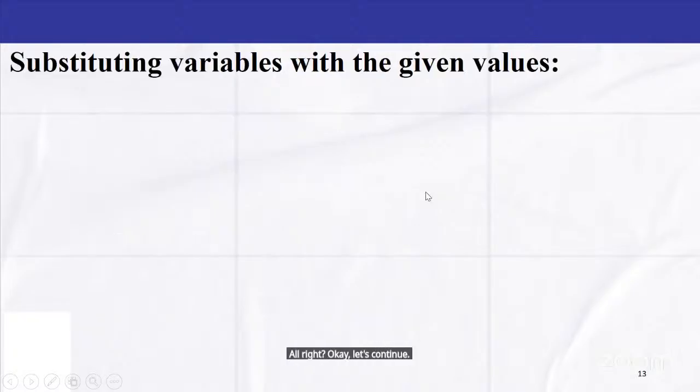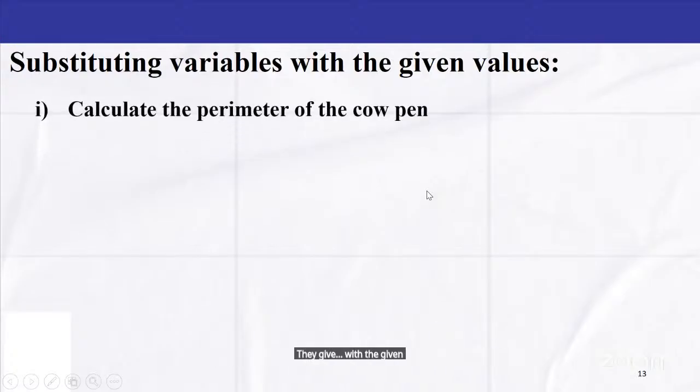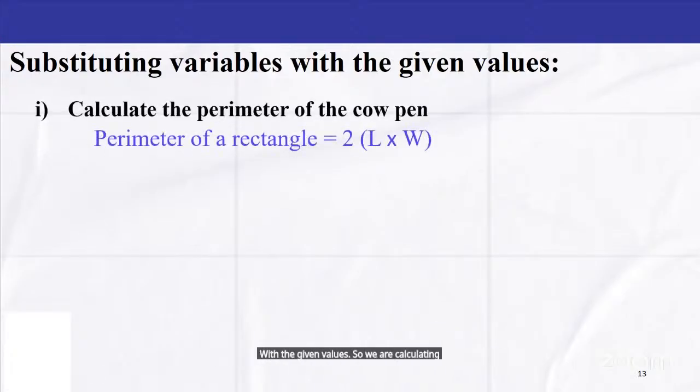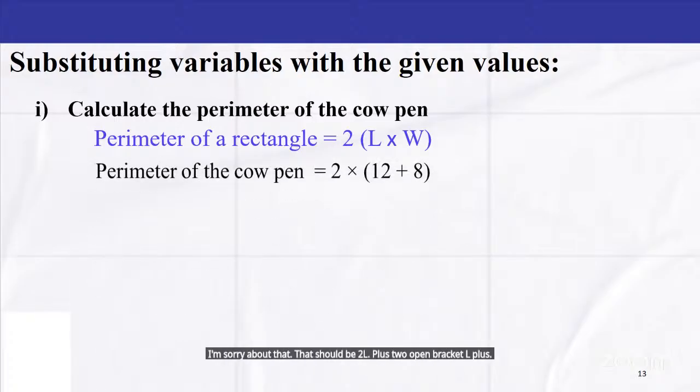So now we're going to substitute variables with the given values. So we are calculating the perimeter of the cow pen, and we're going to use, I'm sorry, this one is an error. I'm sorry about that. That should be 2L plus 2 open bracket L plus W. All right, please forgive me.